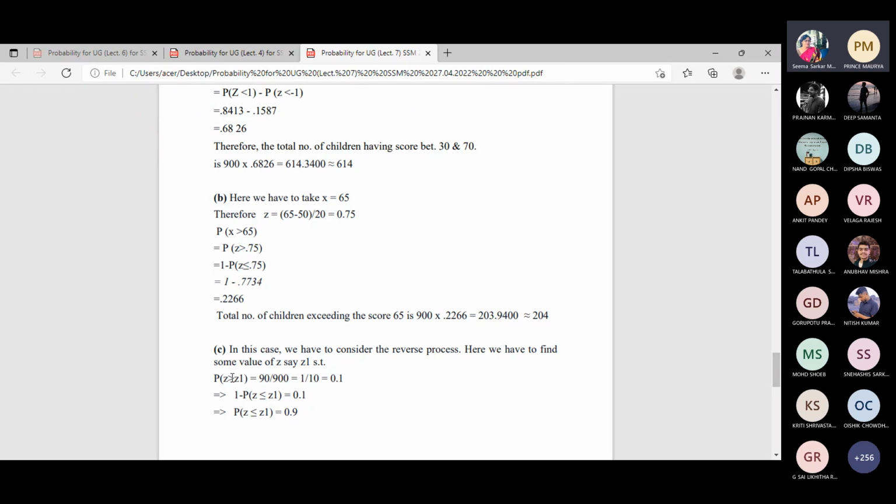So the probability that Z will be greater than Z1, this number exceeded by the top 90 students. Top 90 students out of how many students? 900 students. So the probability that Z is greater than Z1 will be equal to 90 by 900, that is 0.1. This first line, is it clear to you? Yes, ma'am.